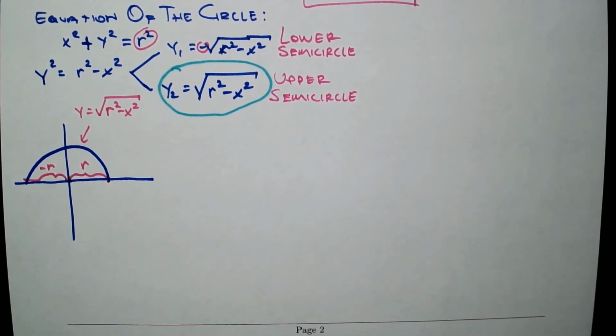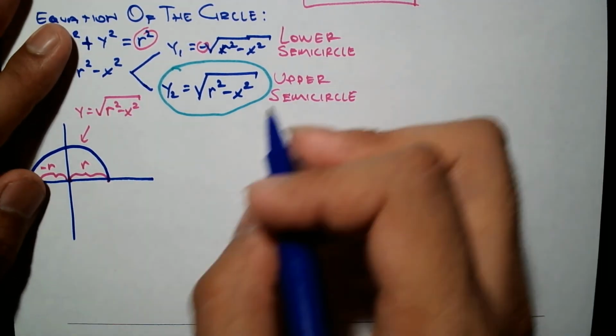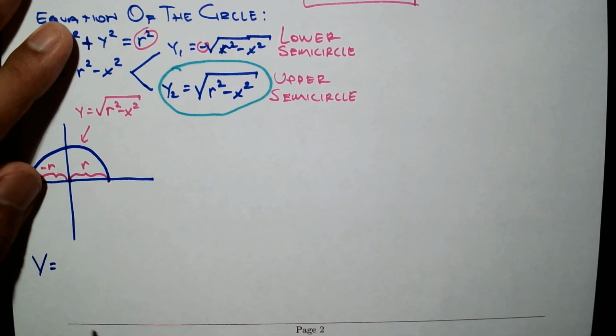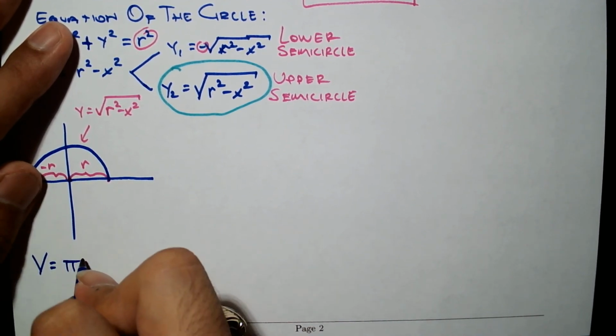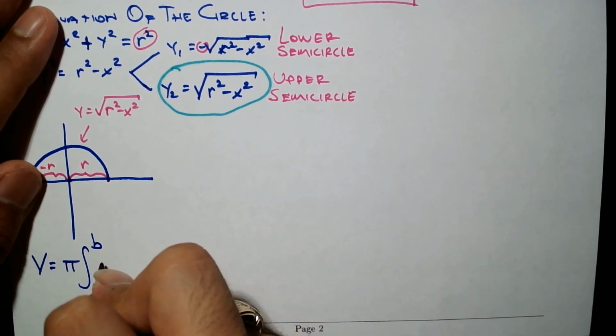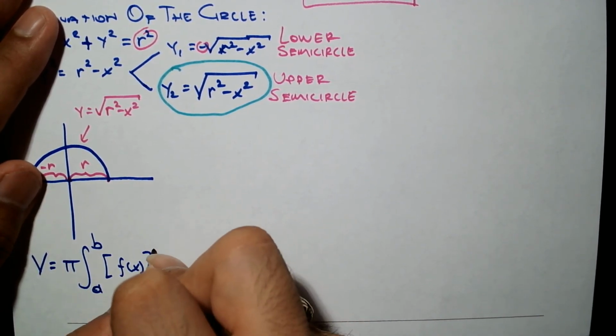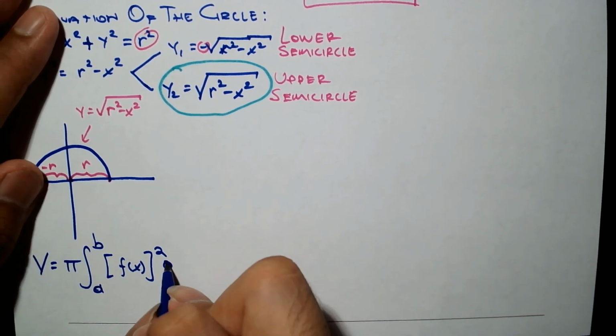The volume of a solid of revolution will be pi, as we did before, integral from a to b of f of x quantity squared dx.